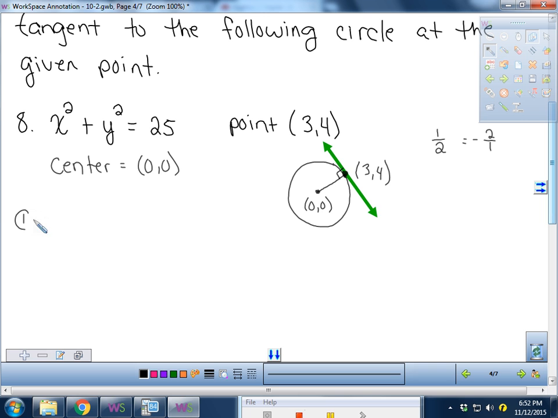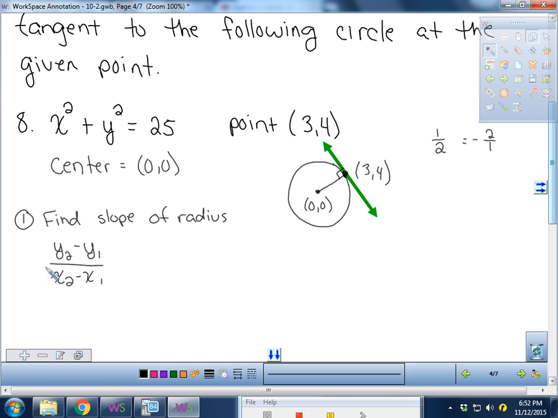So step 1 here is that you are going to find the slope of the radius. Slope is you subtract your y's on top and you subtract your x's on bottom. This is some algebra 1 for you.